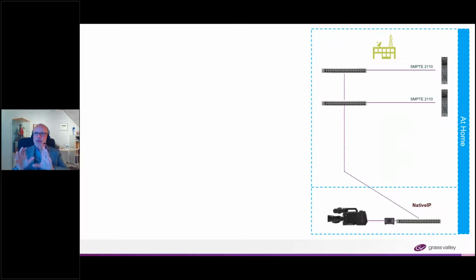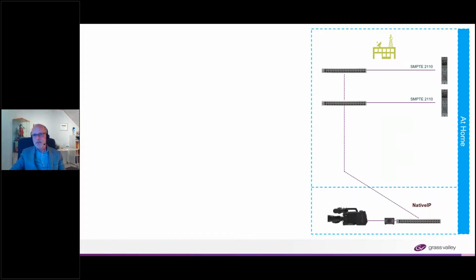So here you have the extra benefit that you can share resources much more flexibly compared to a typical one-to-one connection from cameras to base stations, where the base stations are connected into the infrastructure in the central equipment room or maybe even at different places in your building.